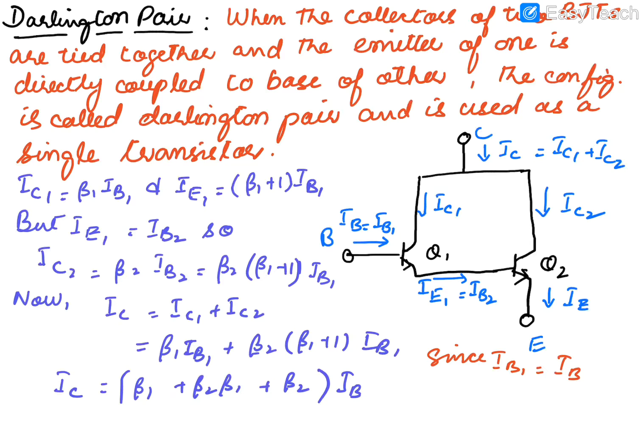Now IC is the sum of IC1 and IC2. Putting the values of IC1 and IC2 here, IC will be equal to beta 1 plus beta 2 into beta 1 plus beta 2 into IB. Since IB1 is equal to IB, we have put the value of IB instead of IB1.